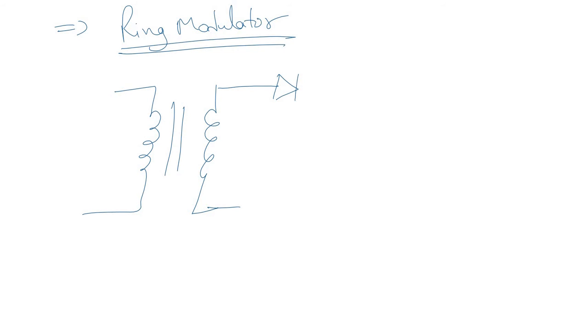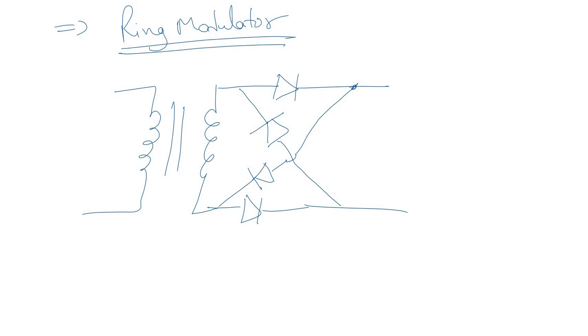Okay, so there are four diodes, D1, D2, D4, and D3. These diodes D1, D2, D3 and D4 form a ring. If you simplify this circuit, you'll find that it is in the form of a ring structure.